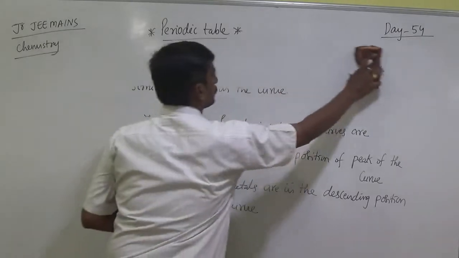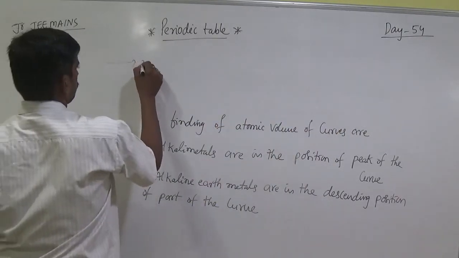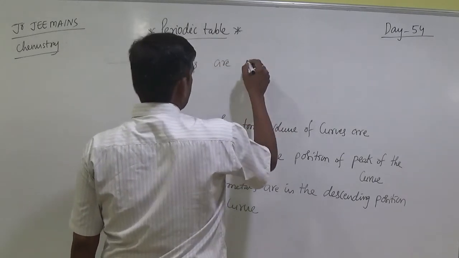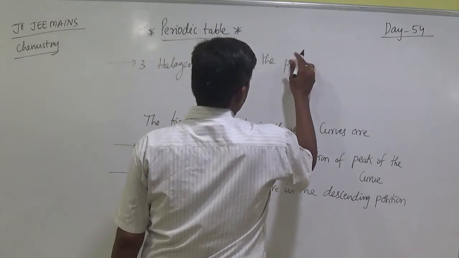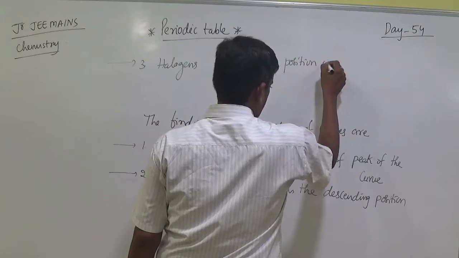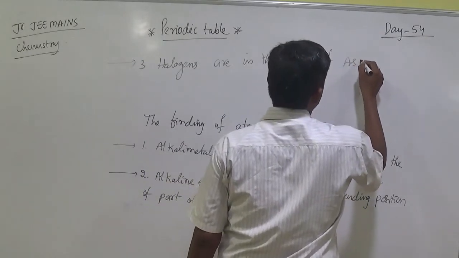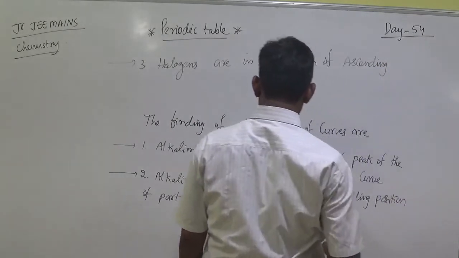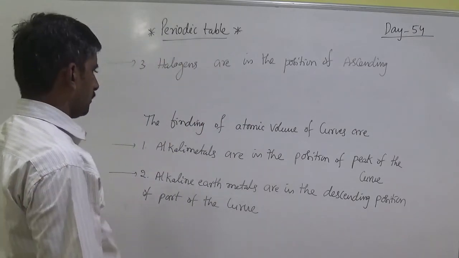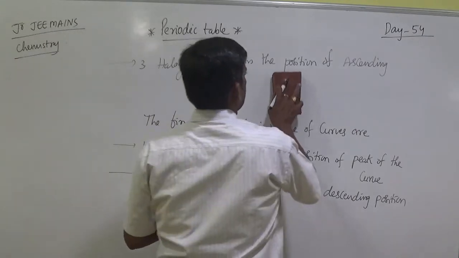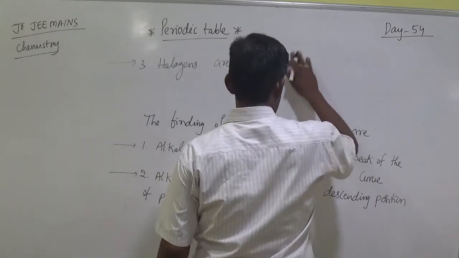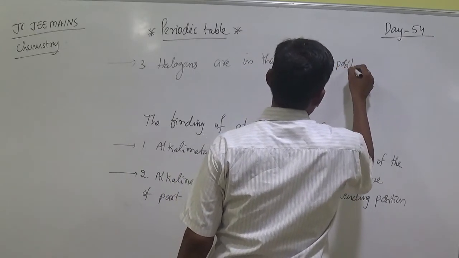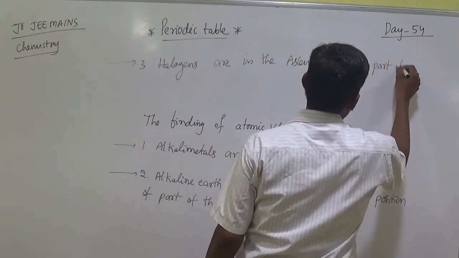And another one is halogens. Halogens are in the position of the ascending part of the curve.